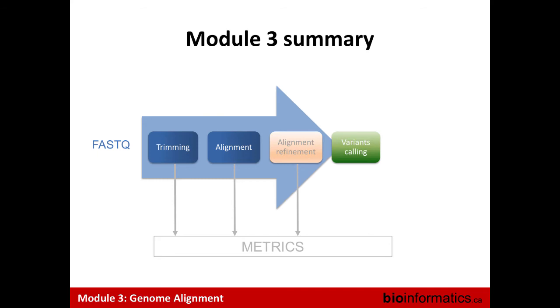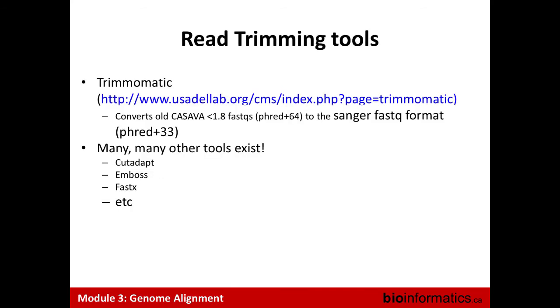Sorry, just going back to the trimming tools, do any of them work on different algorithms, or are they all the same? So there are different algorithms for the adapter recognition. It's an alignment approach, so there are different algorithms, and also some different features.